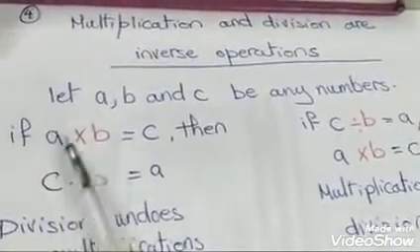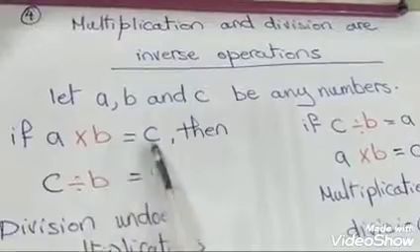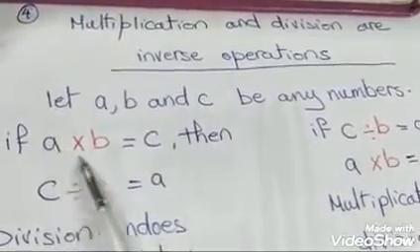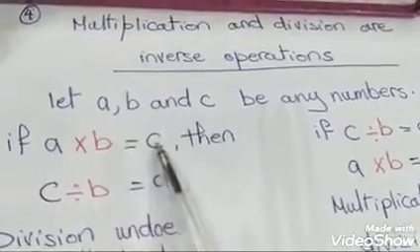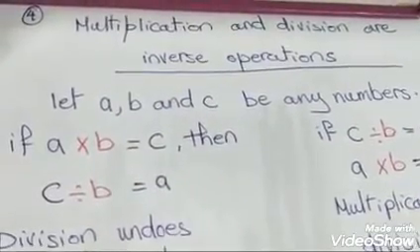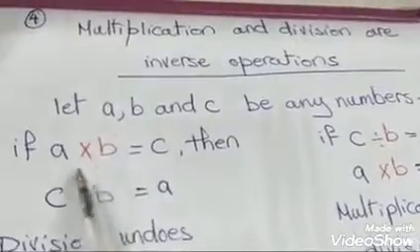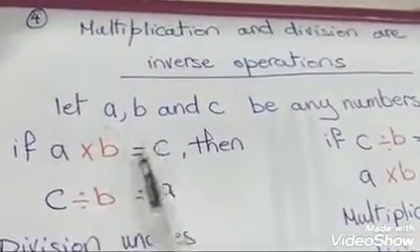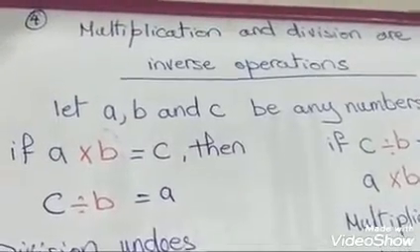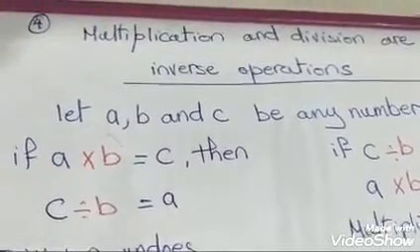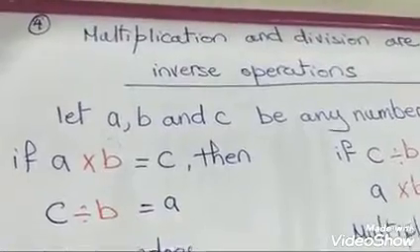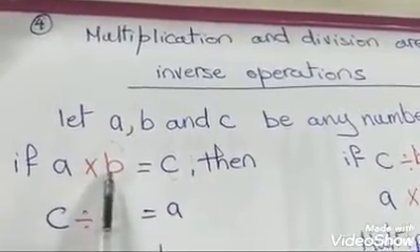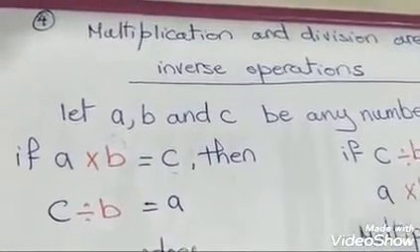If A times B equals C, then what is the number I can multiply by A to get C as a final result, or a product, for this operation? Now, if I divide C by B, I will have A.